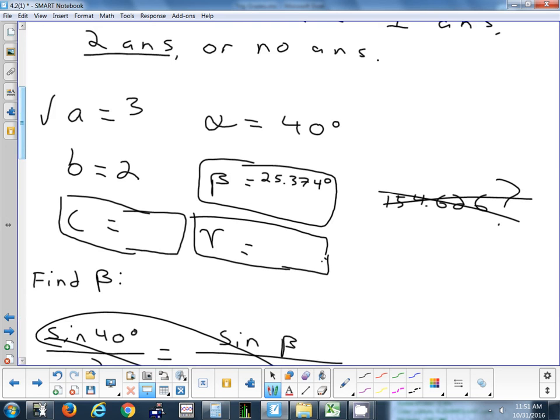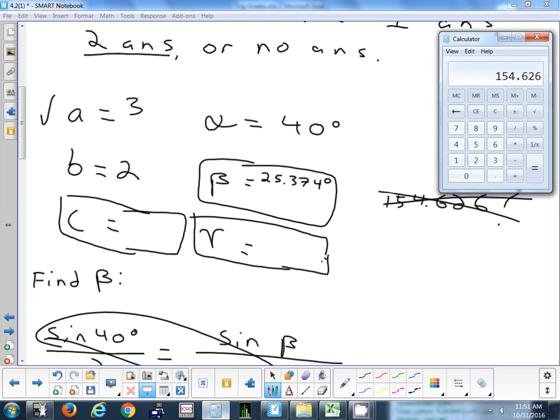What can I figure out now that'll finally give me a piece of information in the last row? Yeah, gamma. I can get gamma because I have alpha and I have beta. Okay, so add alpha and beta, that's 65.374, and subtract from 180.